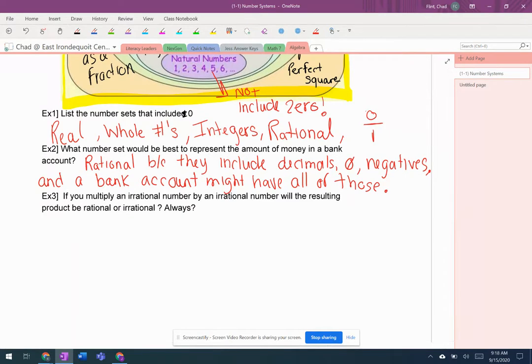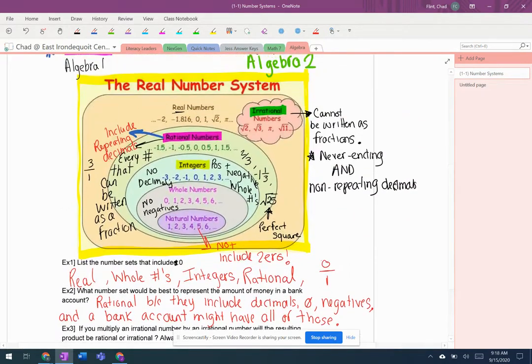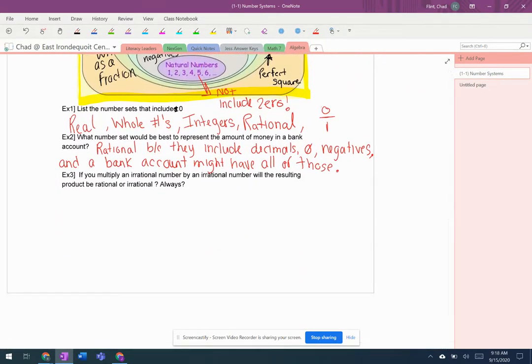All right, last little example here. Example number 3. If you multiply an irrational number by an irrational number, will the resulting product be rational or irrational? And is that always the case? So let's review. An irrational number is a never-ending, non-repeating decimal.